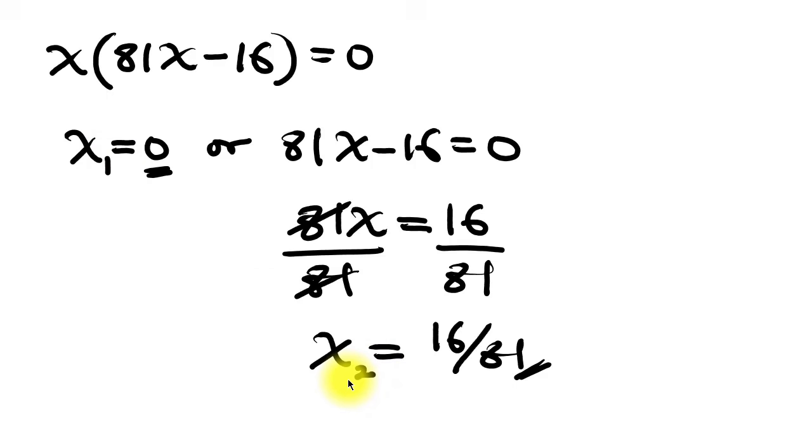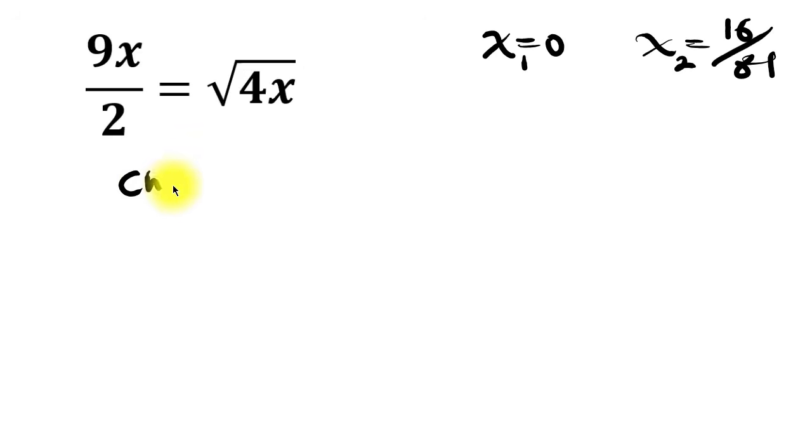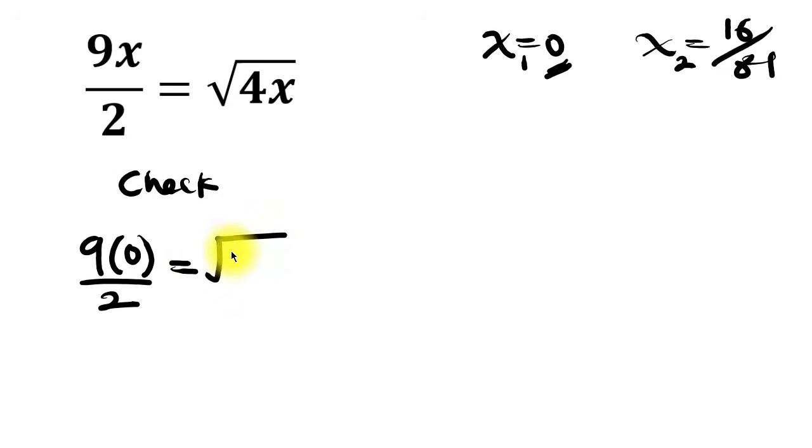Now let's check. Now we're going to be starting with x equal to 0. So using x equal to 0, we have 9 times 0 all over 2. This is equal to the square root of 4 times 0, right? Good. So 9 times 0 is 0 all over 2.